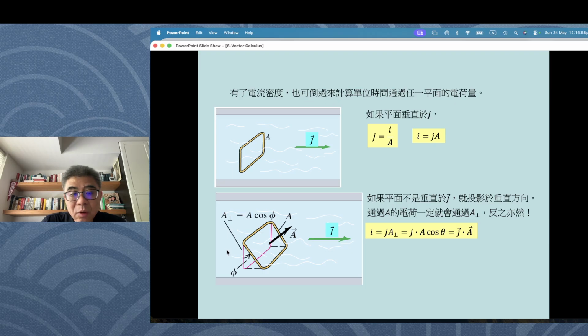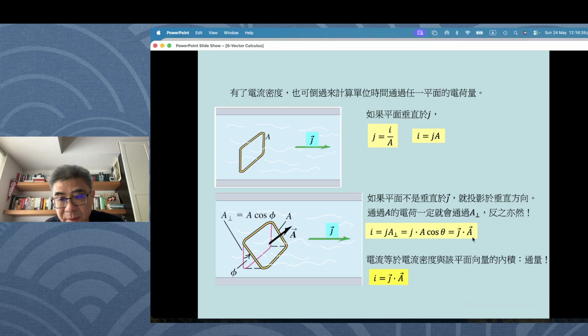Then all the current flowing through this perpendicular surface will also flow through this area A. Therefore, the current flowing through A is equal to the J vector taking an inner product with the A vector, J dot A. From this formula, you can easily see this is just a flux, just like electric flux. It is the inner product of electric field and the area. Here, the I is the inner product of current density and A.